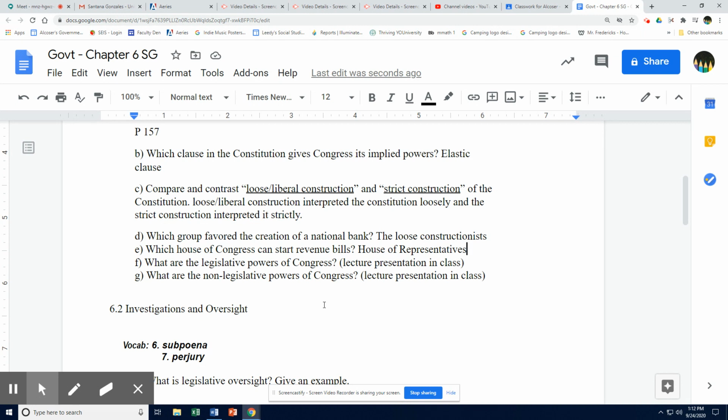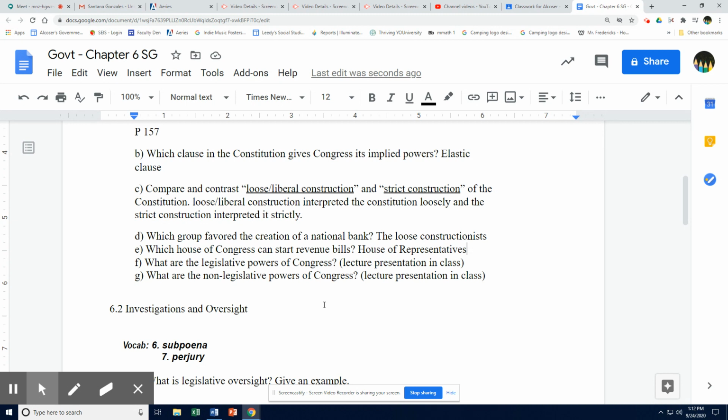It says Congress has both legislative and non-legislative powers. Non-legislative powers include the power to confirm or deny presidential appointments, which is the power of the Senate. Congress has expanded the domain of its legislative powers, the power to pass laws, as the nation has grown. The most significant expansion is its control of the economy: taxing, spending, and regulations.